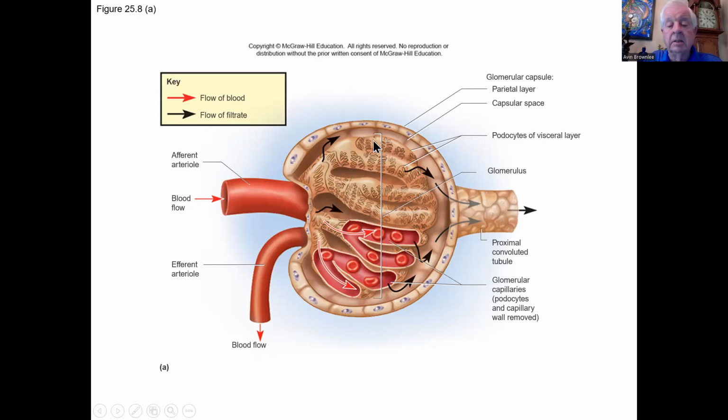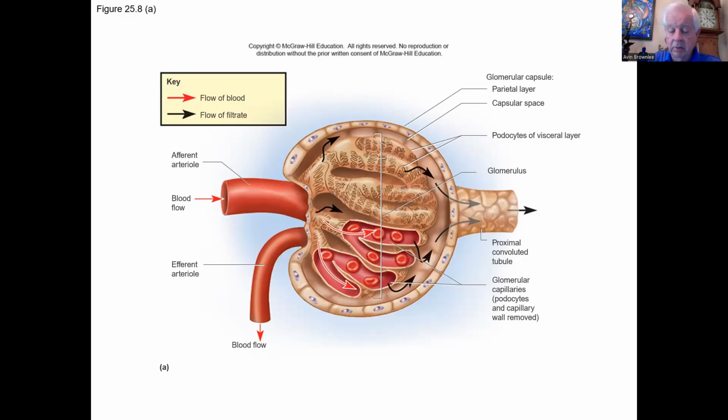So that means that this layer here, this membrane, the inner layer of Bowman's capsule, is also very, very permeable, more permeable even than the fenestrated capillary. So anything that can pass out of the capillary can easily pass through the visceral layer. The little slits in there are called slit pores.